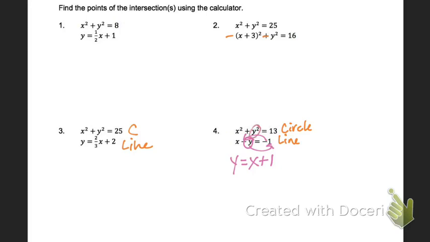Then I substitute it into this equation. So this is an example where you would have a quadratic, and we'll see different x values for ordered pairs. So x squared plus (x plus 1) squared equals 13. Notice that I put the x plus 1 in parentheses. To solve this out, what am I going to have to do with that x plus 1? I'm going to have to FOIL it.